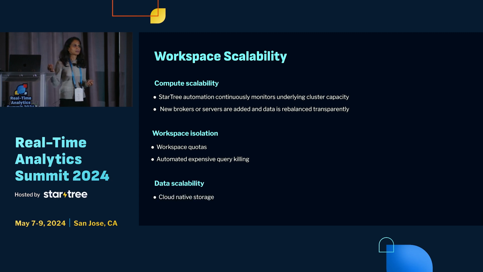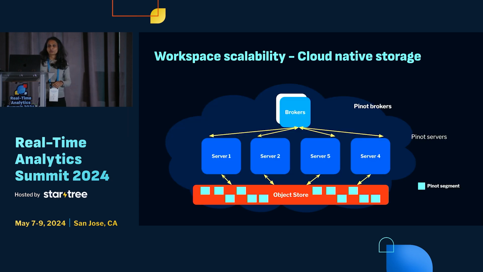And for data scalability, we have our cloud native storage or tiered storage. And we'll talk about this in the next few slides a little bit more. So with tiered storage or cloud native storage, we're able to keep data on local disks, SSDs, and also on object store.